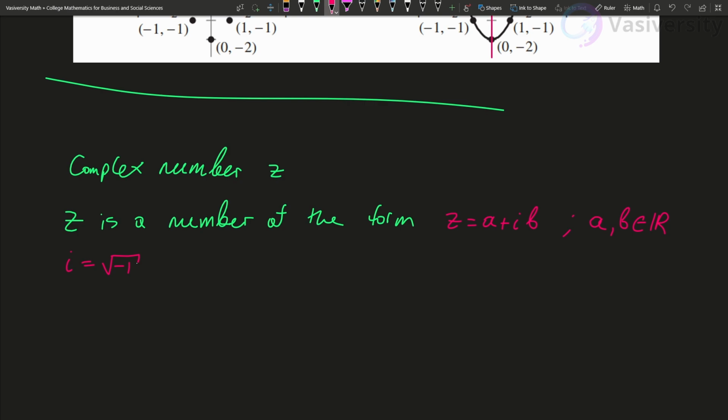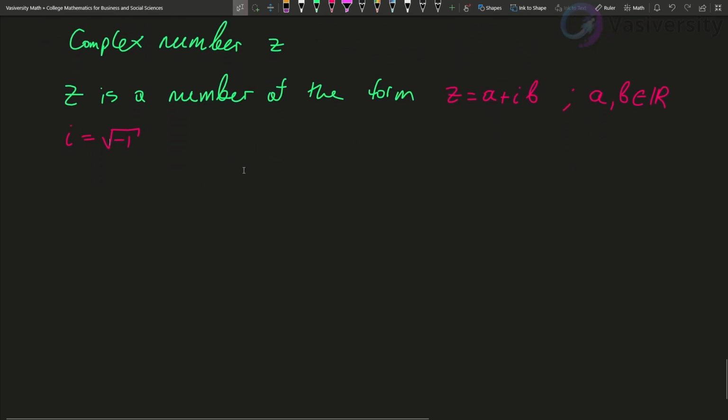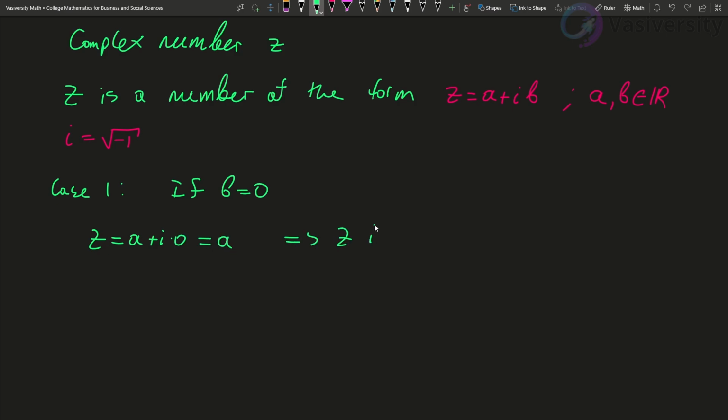So if we have case 1, if b is equal to 0, then z is equal to a plus i times 0, which is equal to a. z is a purely real number.